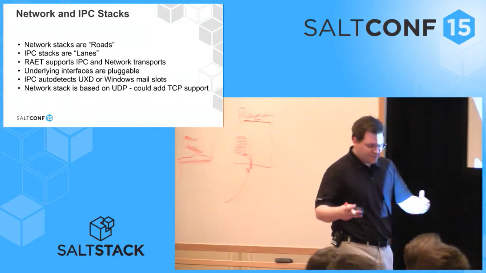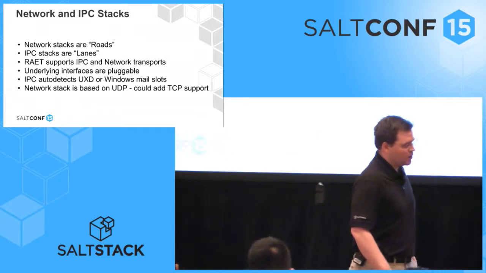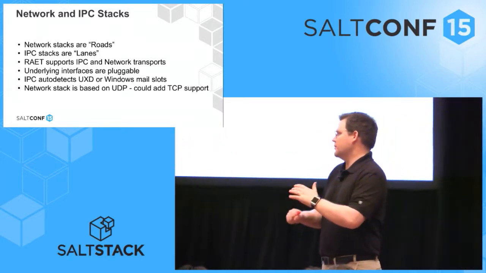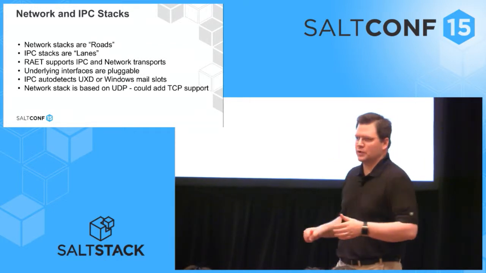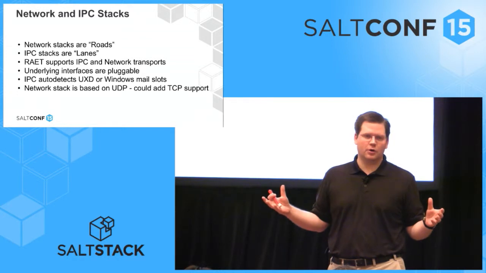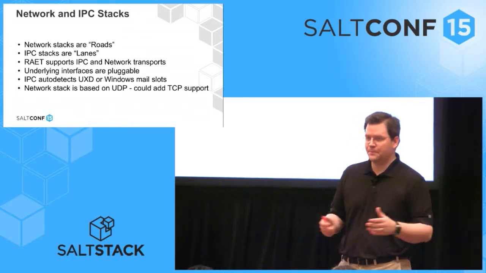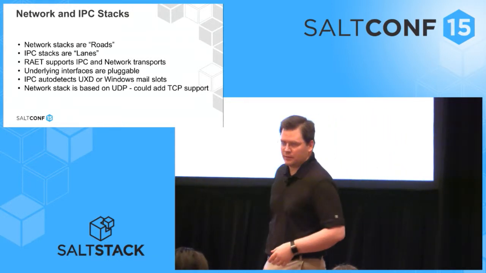Now, in RAET vernacular, we've got these things called roads and lanes. We've abstracted these names primarily because a road can be virtually any interhost communication, network or not. The only road stack that we have right now is UDP.